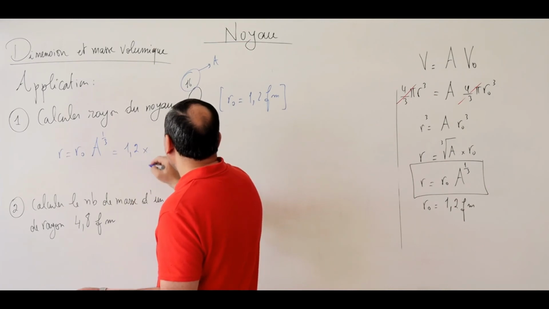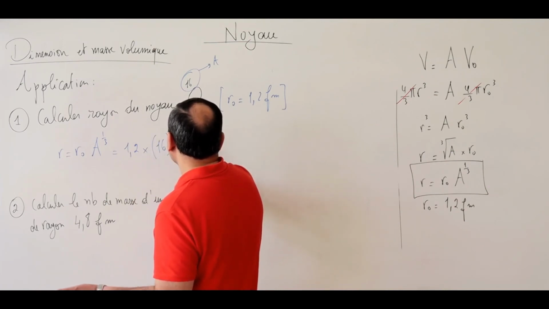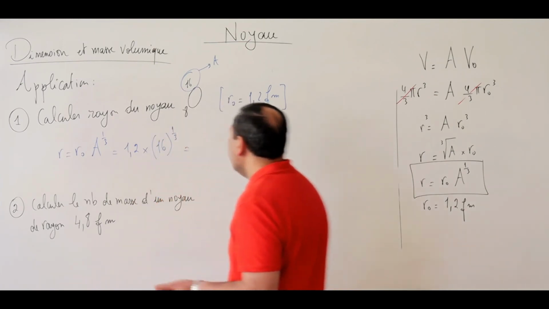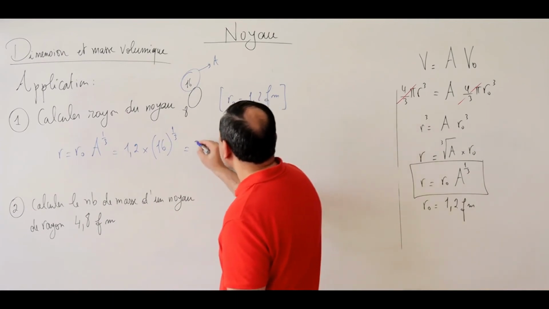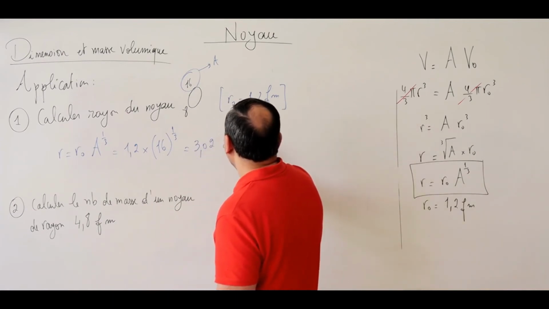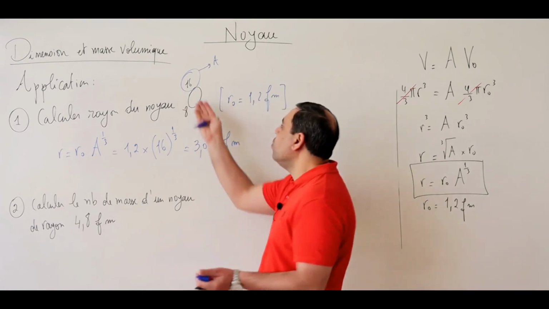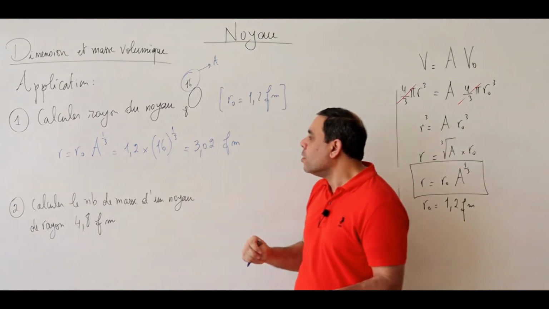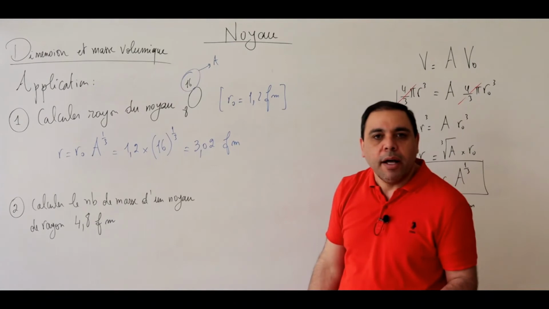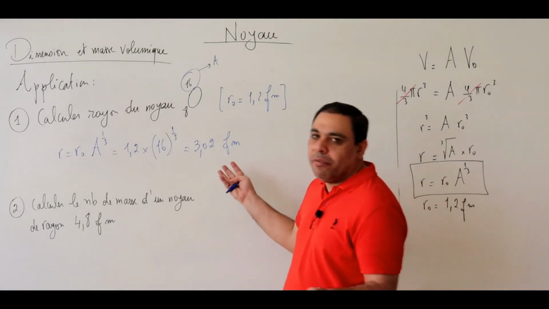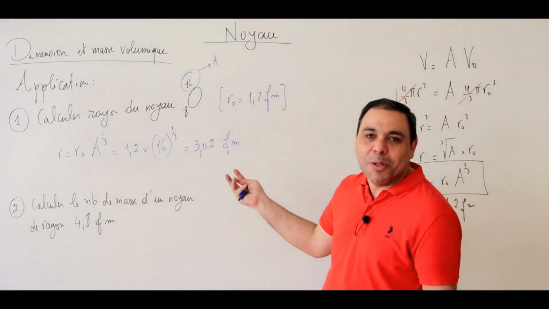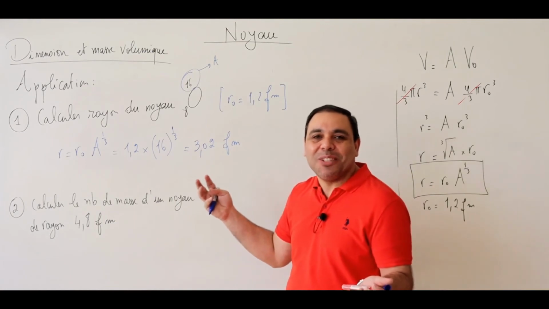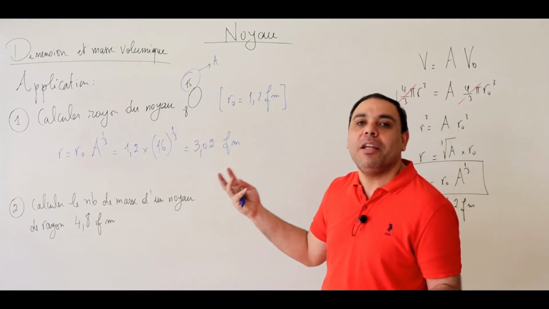R will be in Fermi as well. 16 exponent 1 over 3. The result is 3.02 Fermi. The radius of the oxygen nucleus is 3.02 Fermi. This is an approximate value. It is not the exact value, but an estimation.